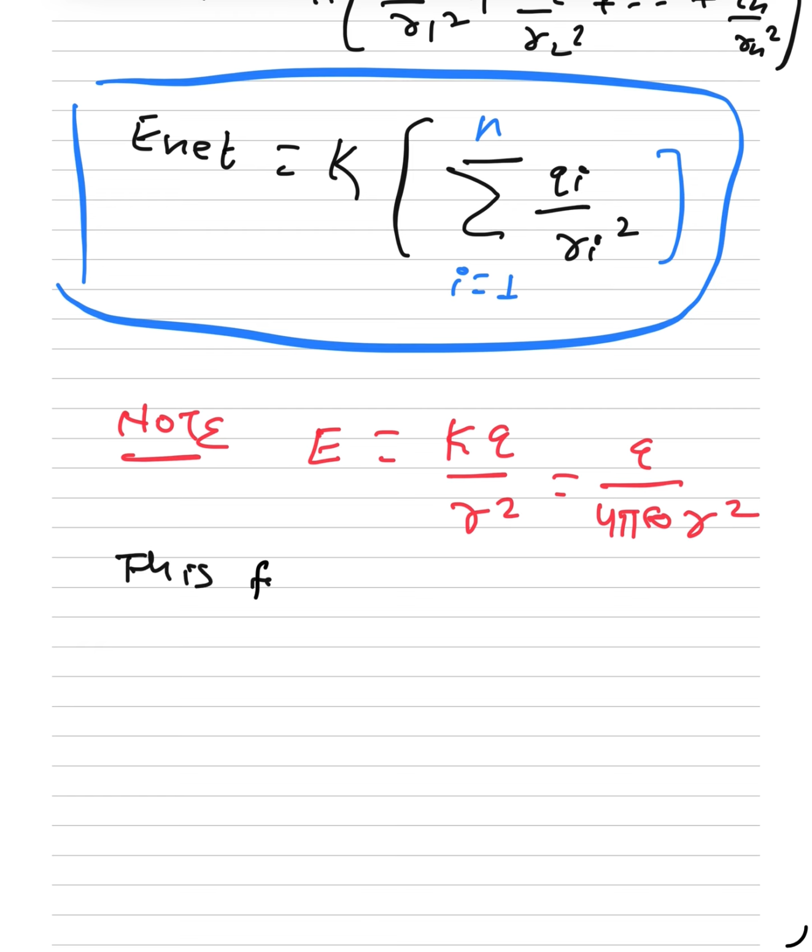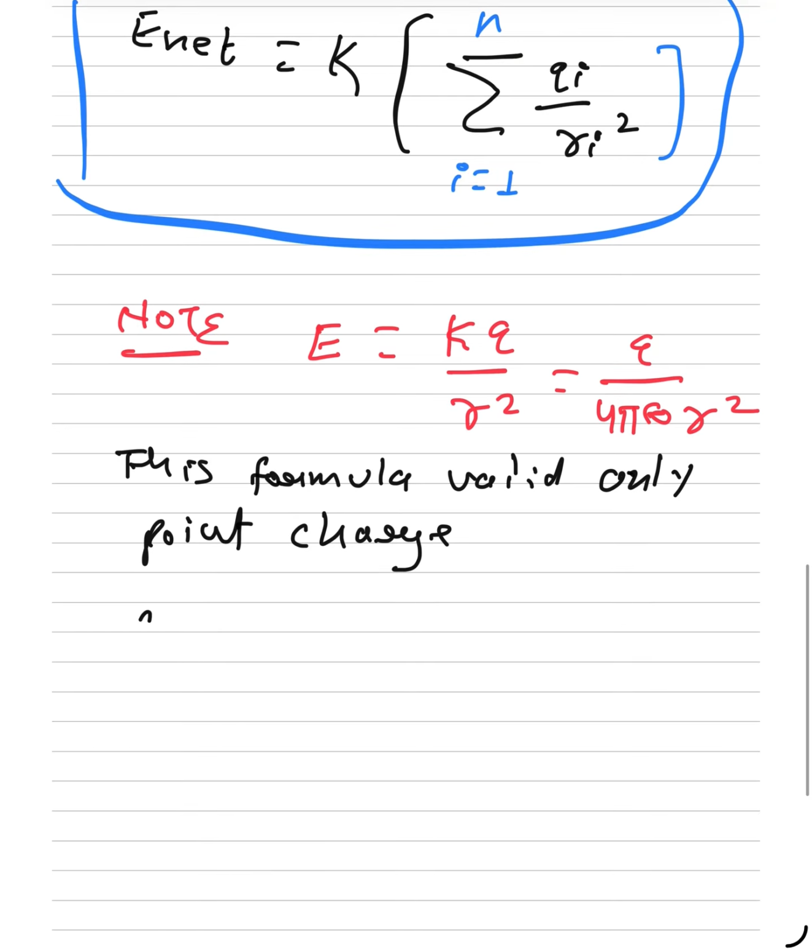This formula is valid only for point charges, not valid for distributed charge.